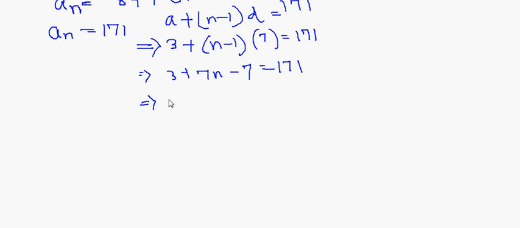If I carry that to the other side, it becomes 7n equals 171 plus 4, that is 175. So n is 175 by 7, that I think is 25.